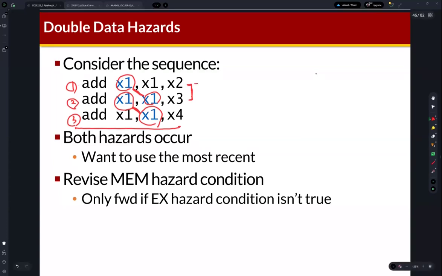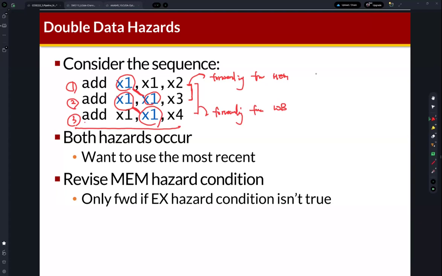Also, data forwarding is possible between the first add and the third add. Right. So this is the data forwarding from memory, and this is the data forwarding from write back. The two conditions actually both meet the data forwarding condition.